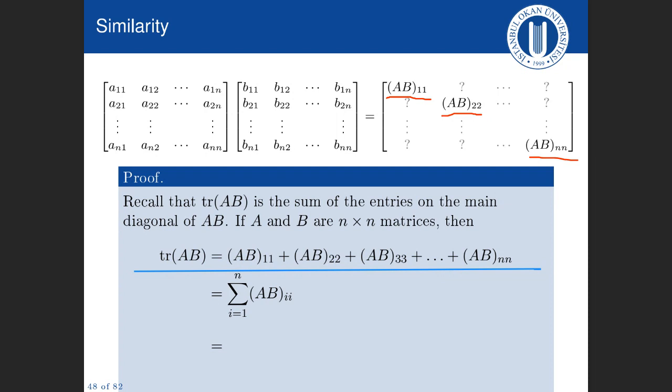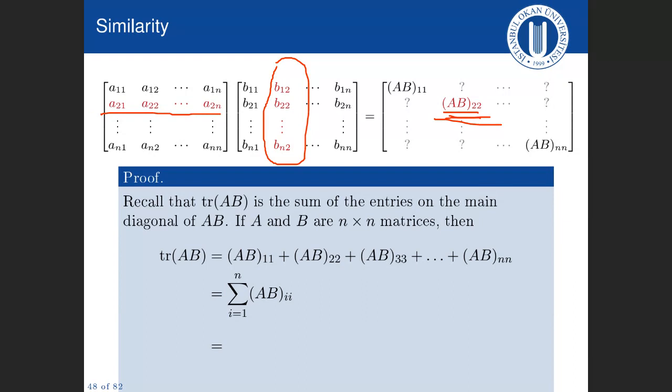But how do we calculate these when we multiply two matrices together? Which calculation are we doing? Well, for example, if I wanted to calculate AB22, then I take the second row of the first matrix and the second column of the second matrix.